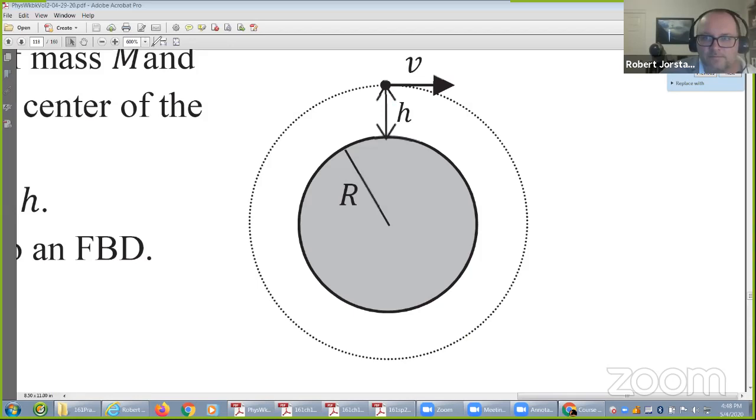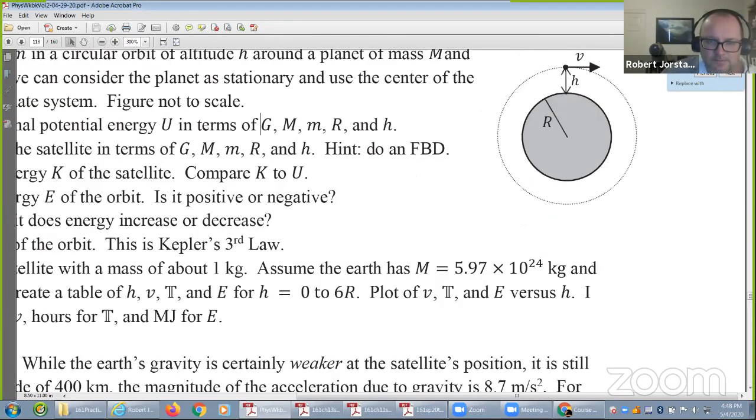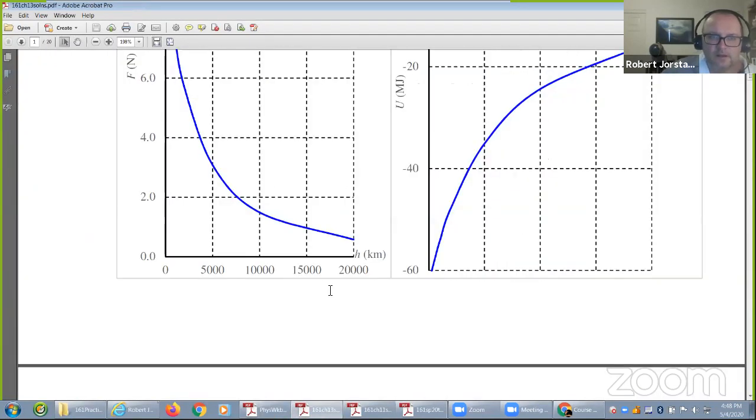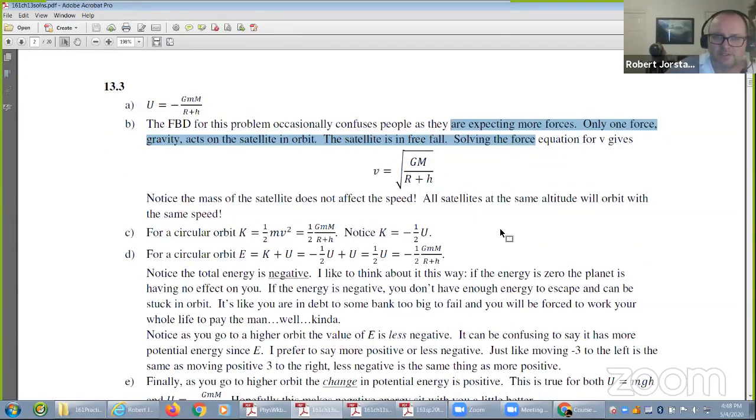Let's go look at the solution, see if there's anything else. So there's the velocity from solving that one.